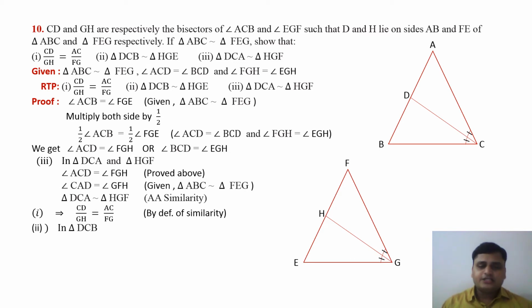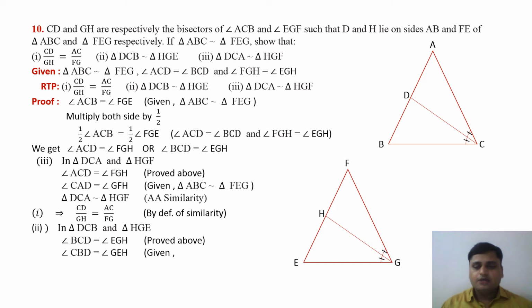Now in this, we can take those two similar triangles, that is triangle BCD and triangle HGE. Here again we can say that angle BCD is equal to angle EGH. This we have proved above. And after that we can say that angle CBD is equal to angle GEH.